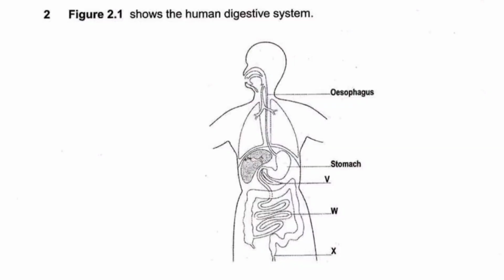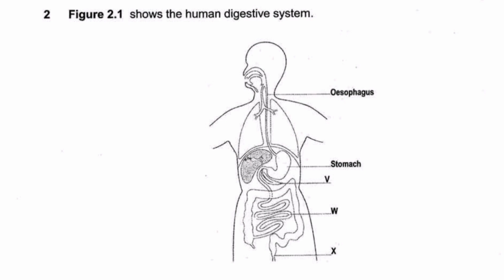Okay guys, so now let's look at the human digestive system. Look at a question on the human digestive system. Okay, this is the question, the diagram, and the questions. All right, let's now answer the questions. When you look at the diagram, let's study it first before we start answering.